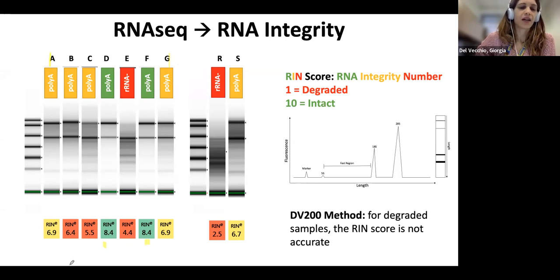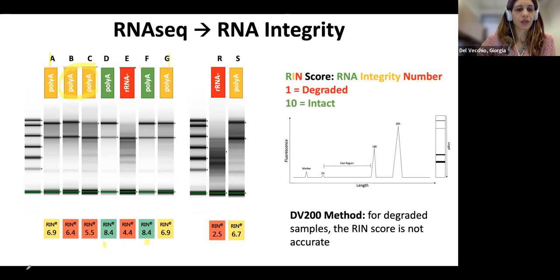But when we have RNA like the 6.4, 5.5, the poly-A capture will work anyway, but we will start to see some biases at the 3' end. When we look at the data, we will start to see a weird enrichment at the 3' end.